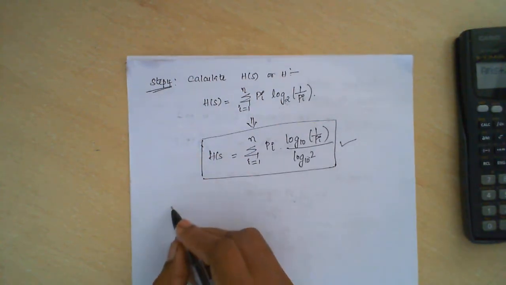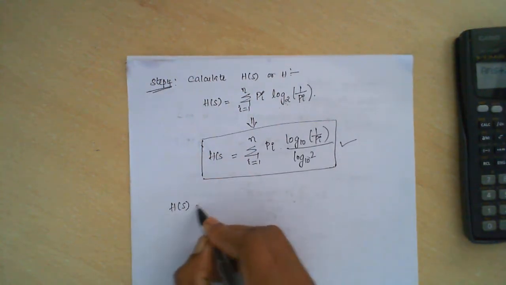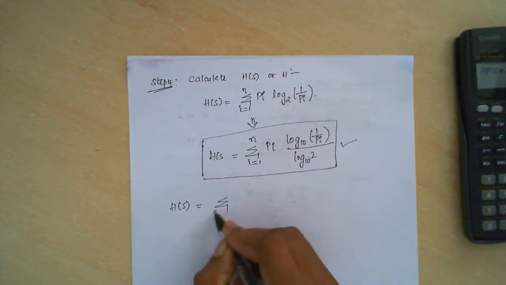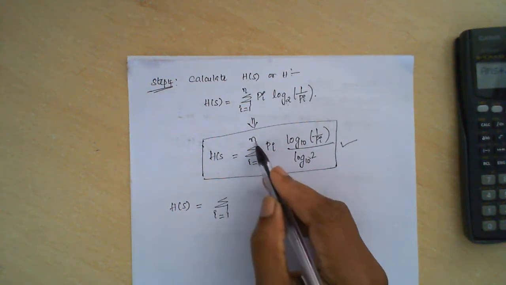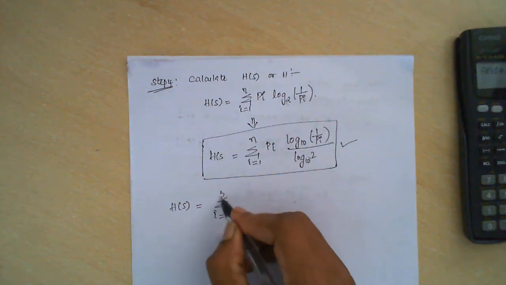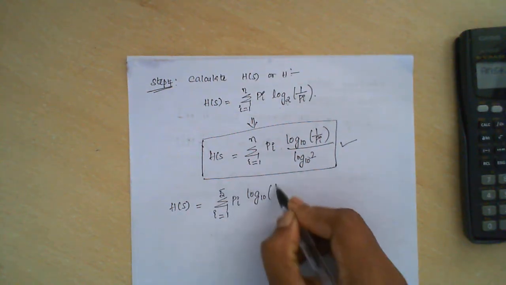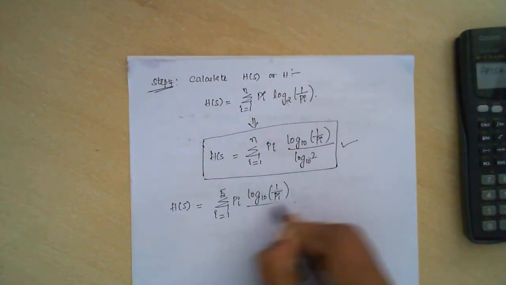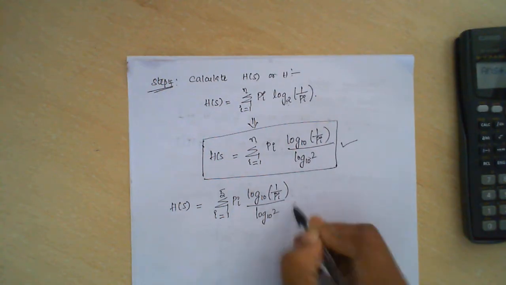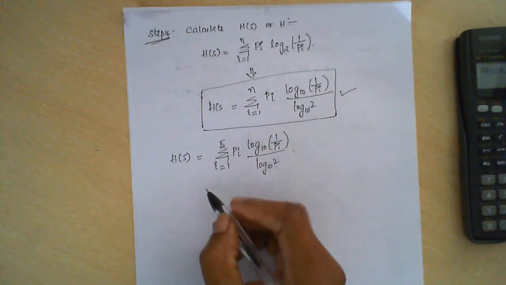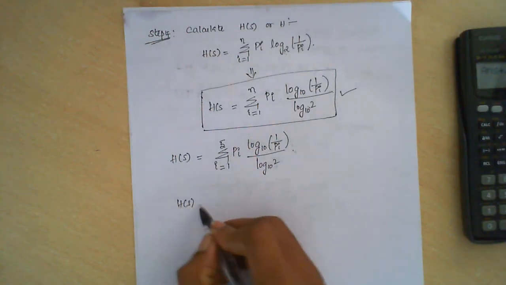So coming to our problem, H of S is summation i ranging from 1 to the number of symbols, here 5. The same formula, log base 10 of 1 by pi divided by log base 10 of 2. I will go step by step.